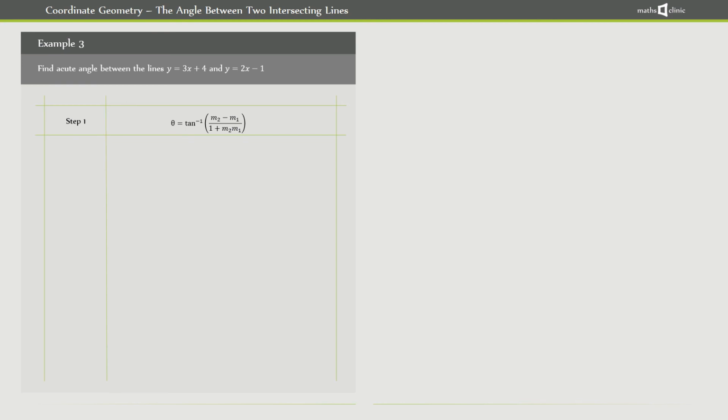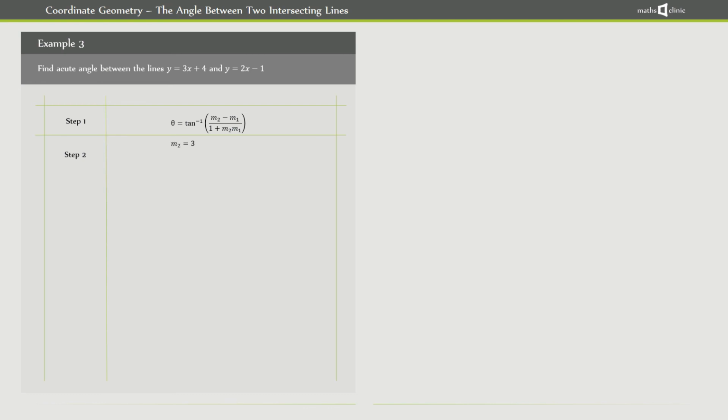So you need (m2 - m1) divided by (1 + m2 m1) to give a positive value. If you make the smaller value m2, you would end up with a negative numerator, which usually results in a negative answer. So m2 in this case is the larger gradient, which is 3.